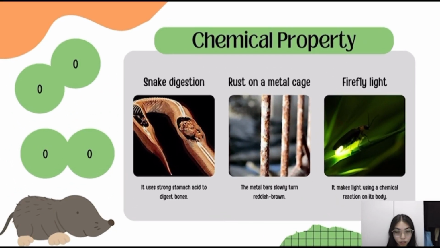Now, here are examples of chemical properties observed in the zoo. First is snake digestion, where strong stomach acid breaks down food and bones chemically. Next is rust on a cage, formed when metal reacts with water and oxygen. Then comes the firefly, which produces light through a chemical reaction in its body.